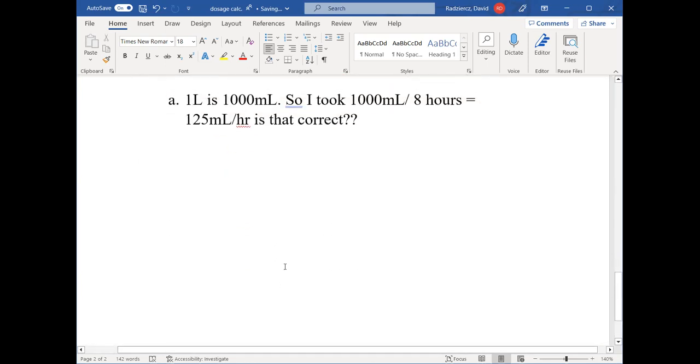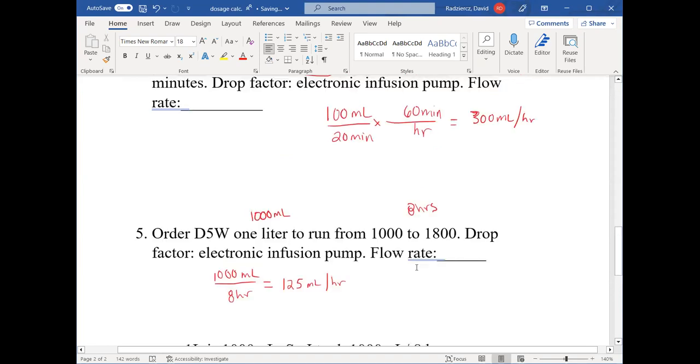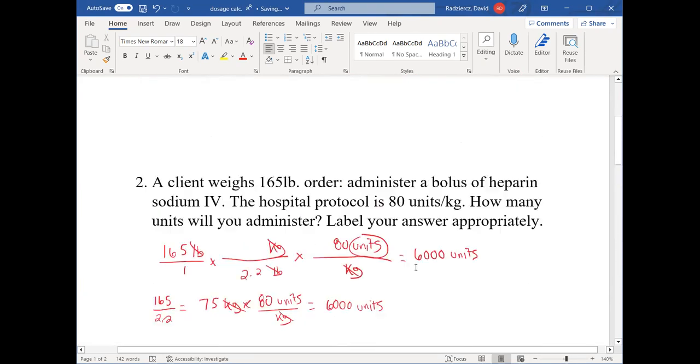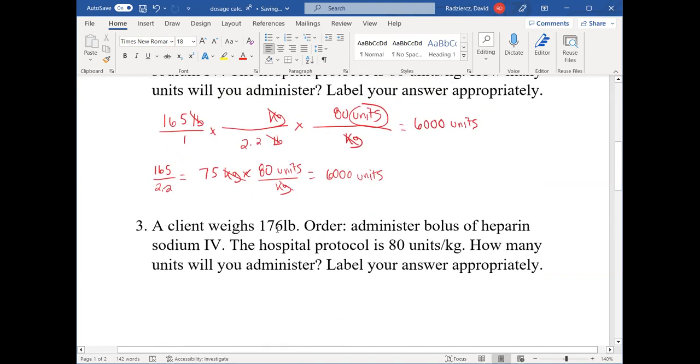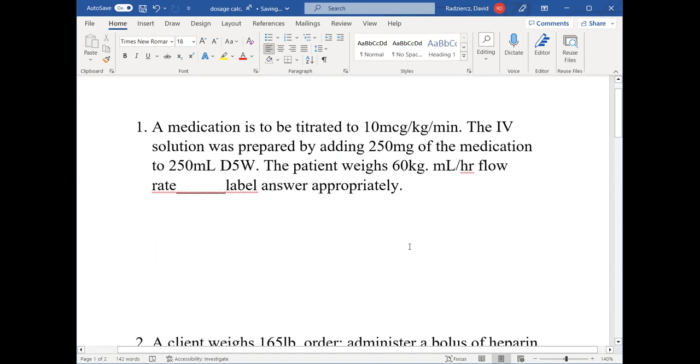I just want to see if there's anything else on here. I said I would work this one out. I skipped number 3 just because it's a repeat of this up here. You just convert the patient's weight in pounds to kilograms. I think you can do that. This one up here, I'll show you if you want to just kind of tune out for a second. If this is not something you want to look at, you'll see this next semester.